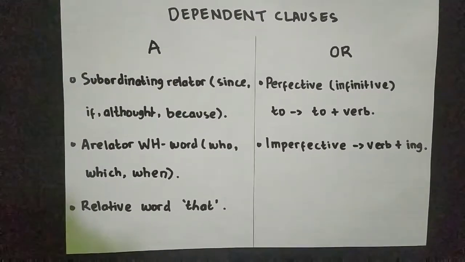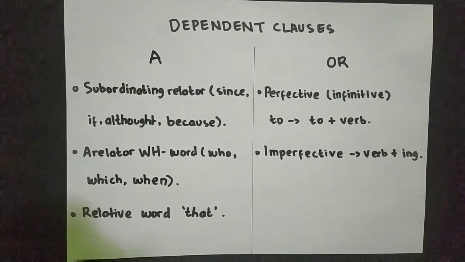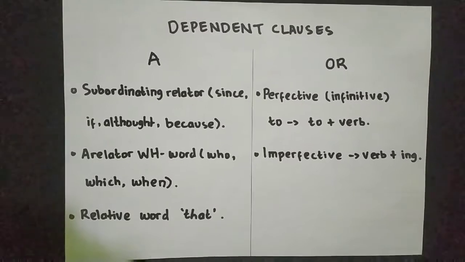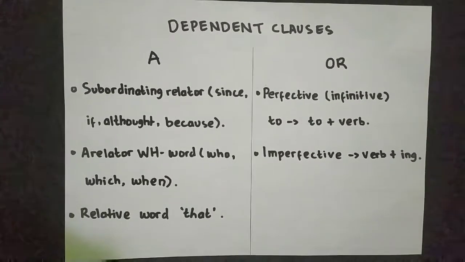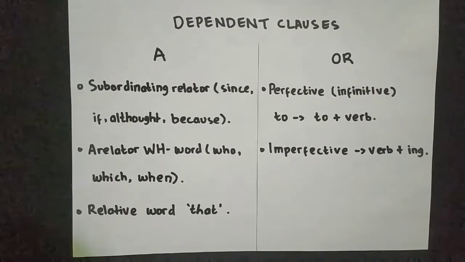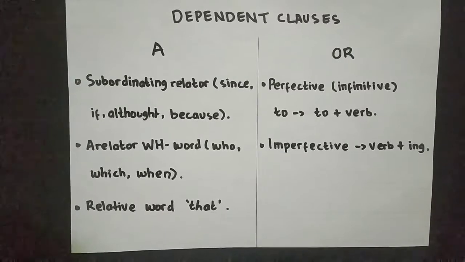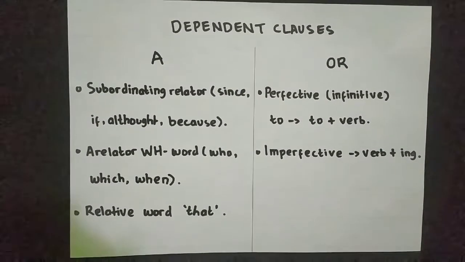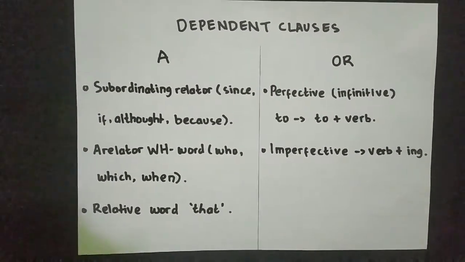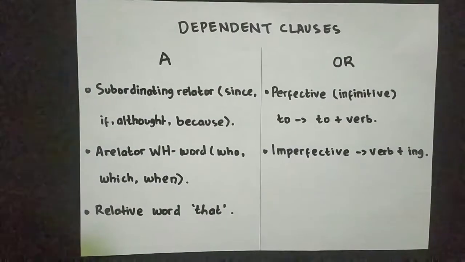And or, the verbal group functioning as the predicator must be in one of the following forms. First, perfective or infinitive: to plus verb. The second, imperfective or participle: verb plus ing.